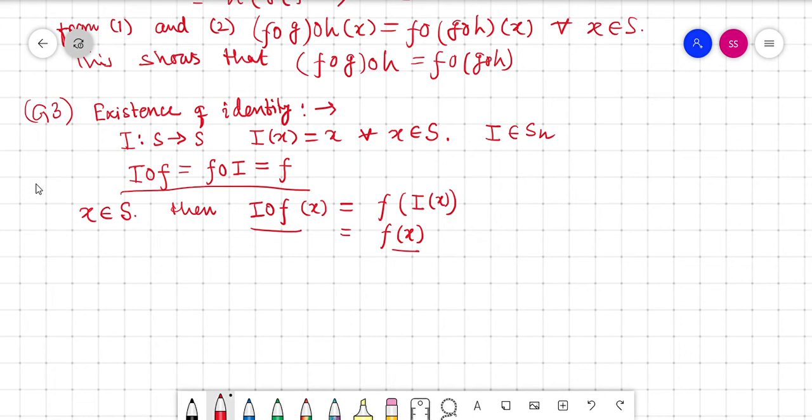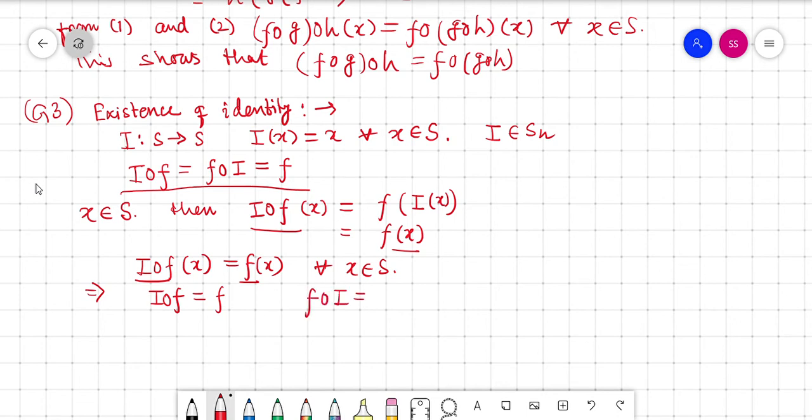It means I composition f of x is equal to f of x for all x belongs to S. So these two mappings, I composition f and f, give the same result when applied on an element of S, and therefore these two are equal. Similarly, you can show that f composition I is again equal to f, and so it concludes that this I must be the identity of Sn.